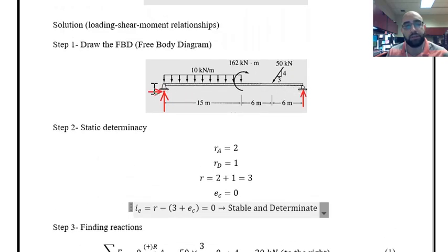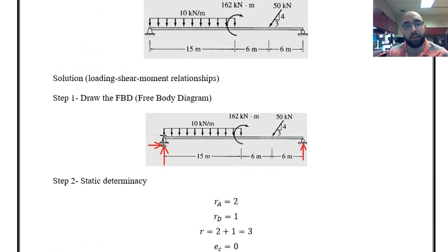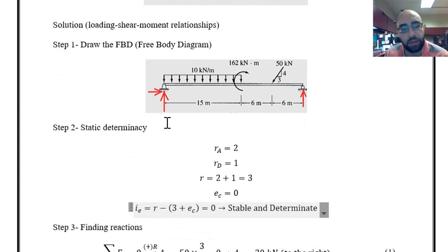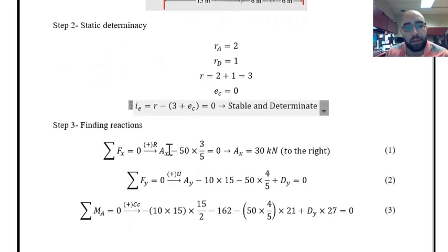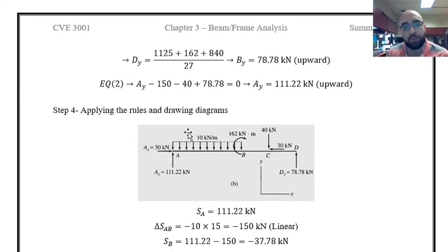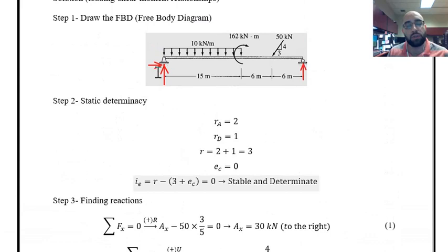As you can see, I have the reaction at this point, which I believe is point A. This is point A, and I think the names of the points are mentioned here: A, B, C, and D. So we have a horizontal reaction at A, and there is also one other horizontal force, which is the horizontal component of this inclined load over here, right?